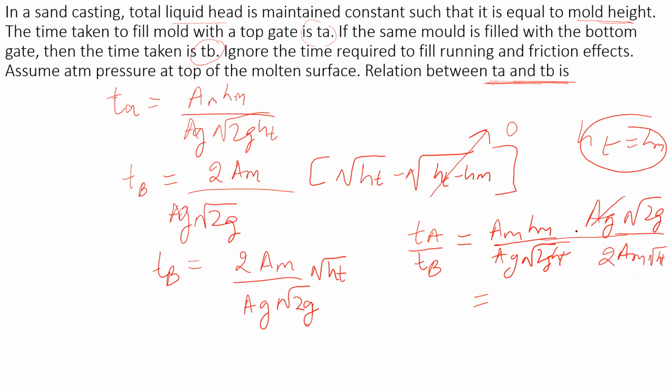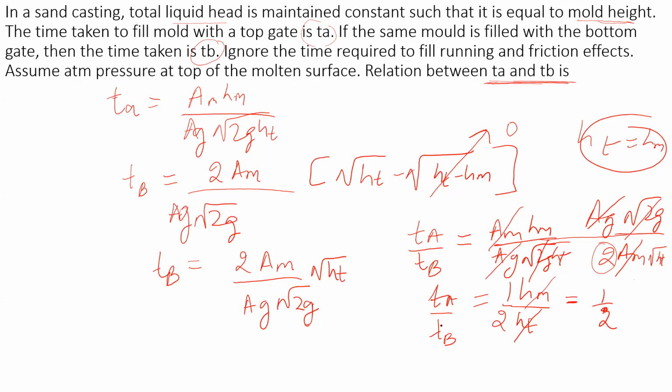So what is this basically? AG gets cancelled. AM gets cancelled out. Under root 2G and under root 2G also get cancelled out. HM, under root HT into under root HT is HT. But what they have given, HT is equal to HM. And 2 is also remaining here. So HT is equal to HM, so it will be 1 by 2. So TA by TB comes out as 1 by 2.